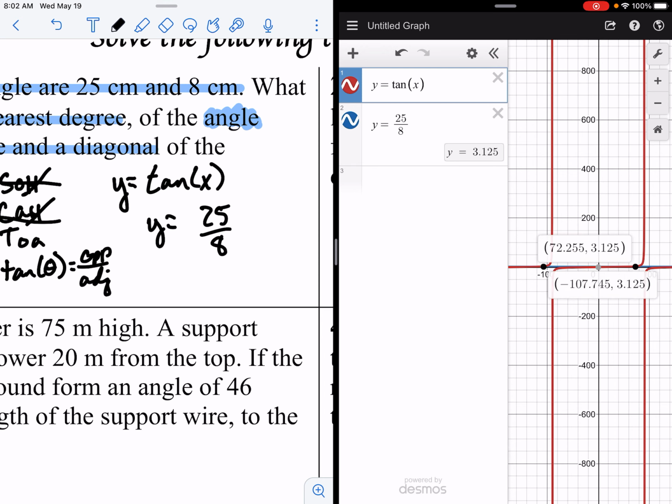Now, something very important, in trig, your answer will always be positive, or in math 2 anyways. So 72.25 is going to be my answer. Remember, solution to a system is the x value at which your graphs intersect. So 72.25.